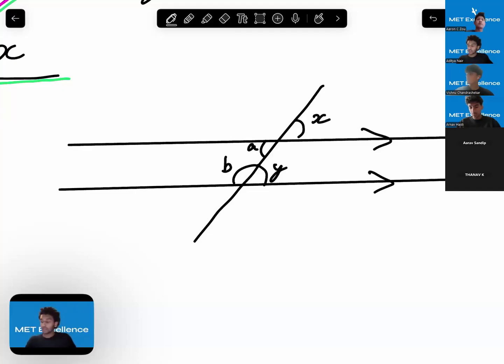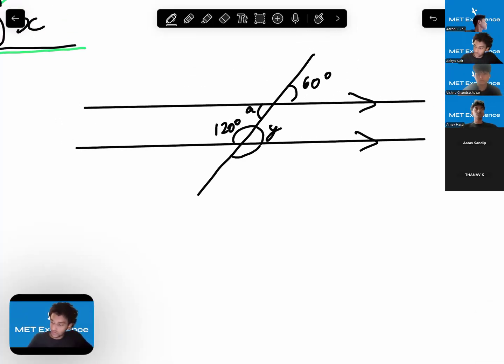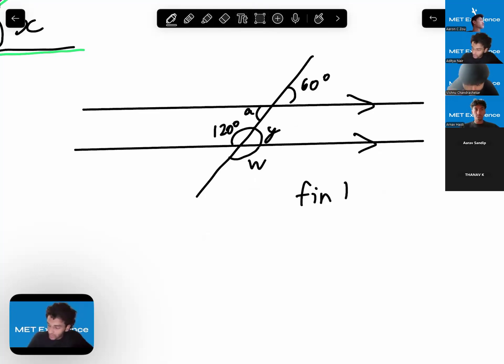If we have an angle like this, let's call X 60 degrees, and we'll call B 120. Call this W. So find A, Y, and W. If you know how to do it, go ahead and drop the answer in chat.